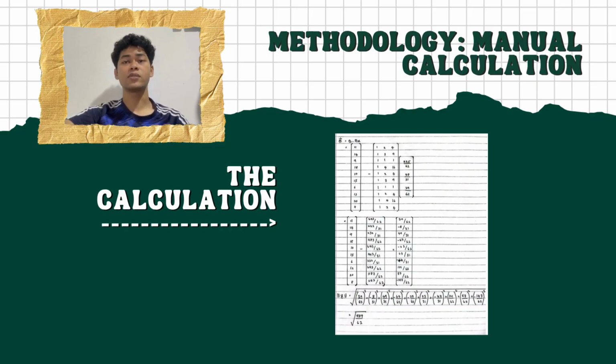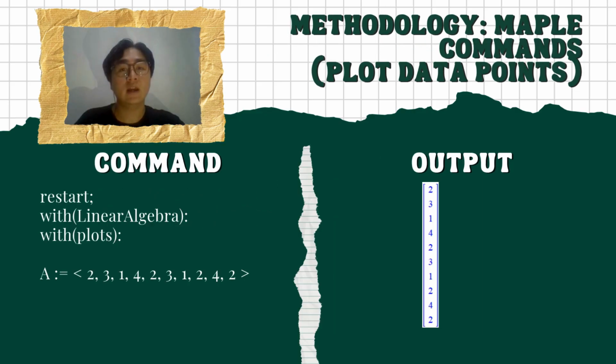We plug in our values, square each fraction to eliminate any negative signs, sum them all up under the radical and simplify. And this brings us to our final total error magnitude of square root of 939/62.